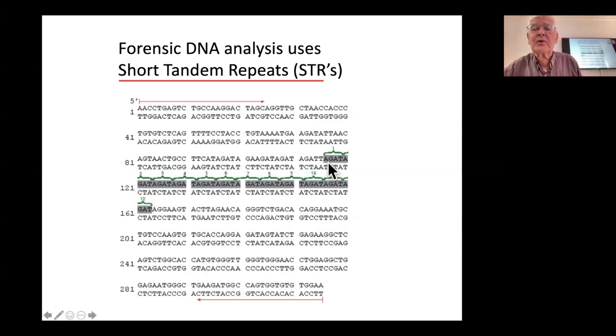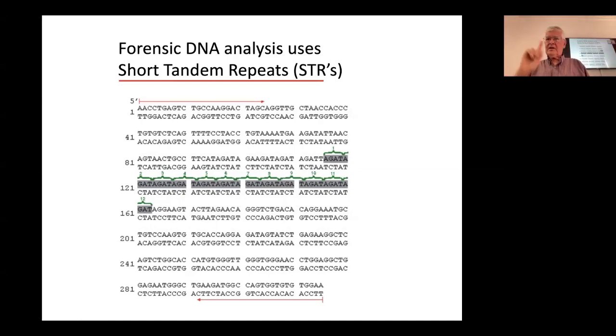The repeat is just 4 bases, AGAT, AGAT, AGAT, AGAT. And in this particular one, as shown here, it's repeated 12 times. The sequence in front of it and on the other side of it is unique. If you looked at those 18 or 20 bases, they don't occur anyplace else in the genome.